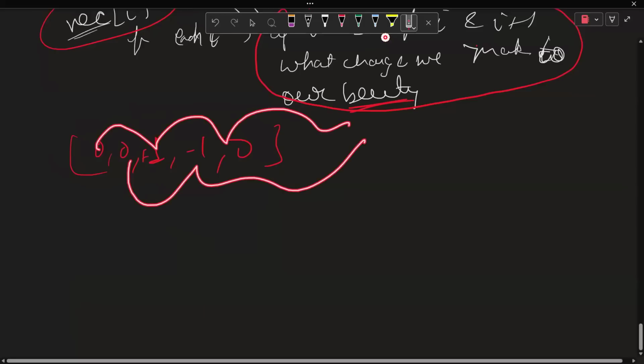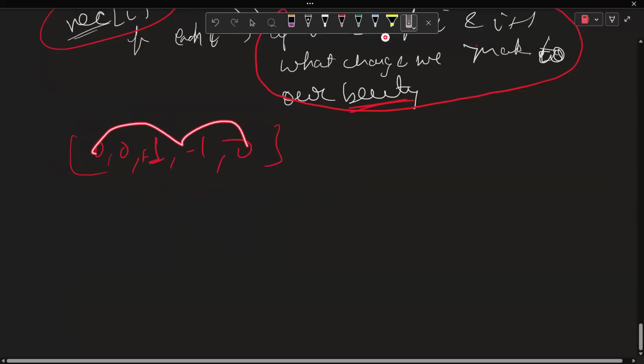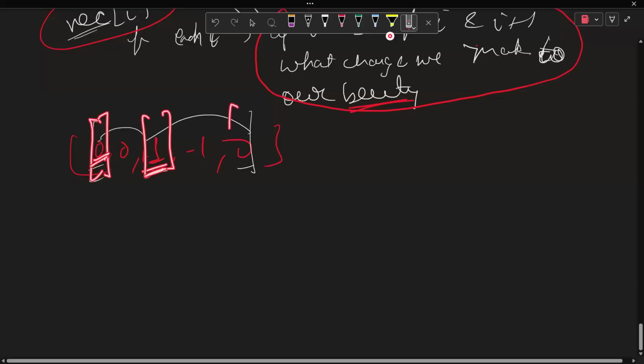If you pick L as this, R as this, you are inflicting all these three changes. If you pick L as this, R as this, you are inflicting these two changes. If you pick L as this, R as this, only this.